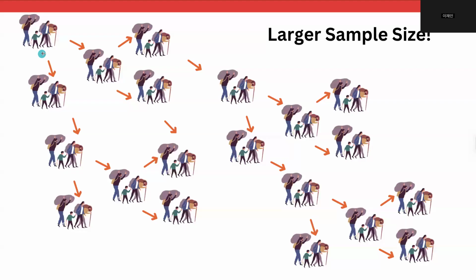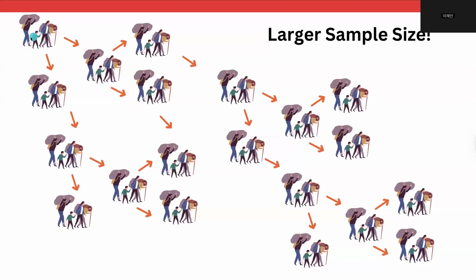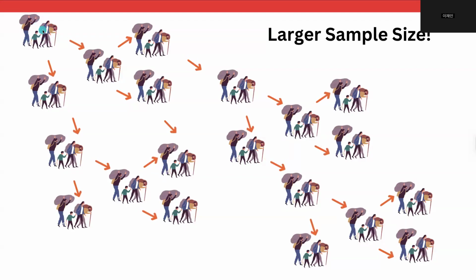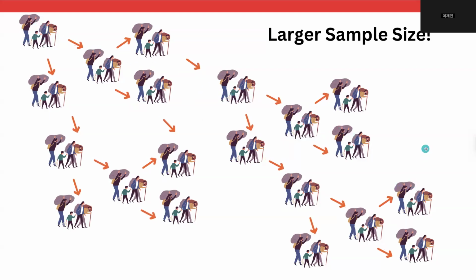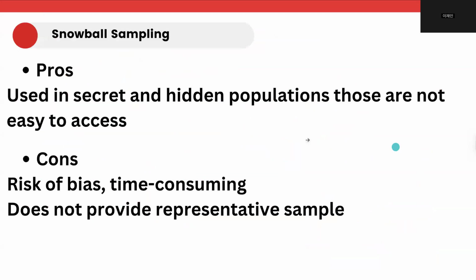Like this, the snowball started very small, then accumulated and got bigger and bigger. That is snowball sampling. It would be used for secret and very hidden populations.